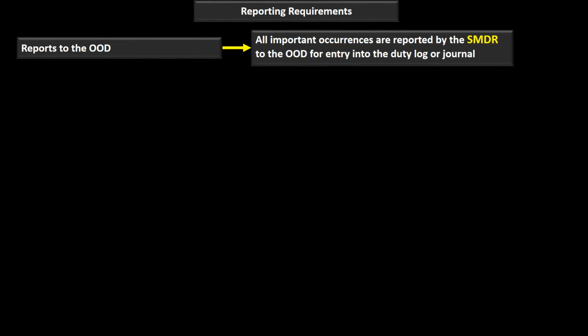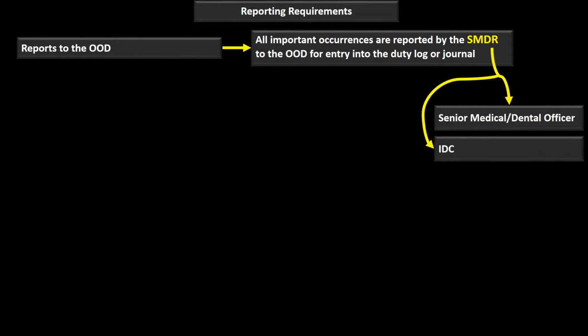All important occurrences are reported by your SMDR to the OOD for entry into the duty log or the journal. SMDR stands for Senior Medical Department Representative, and this can be the Senior Medical or Dental Officer. It could be an IDC, especially if it's on an independent platform.